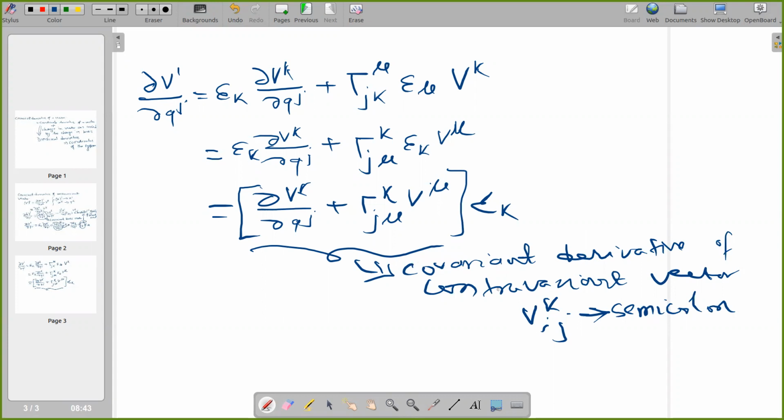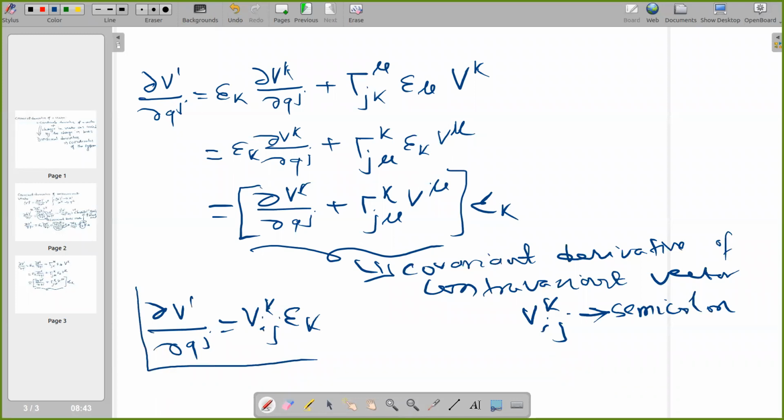Now, when we write in symbols, the vector equation becomes a single vector equation with epsilon k. Here, epsilon k is the covariant basis vector, which is a tensor of first rank. This is also a vector, so we can say it is also a tensor of first rank.